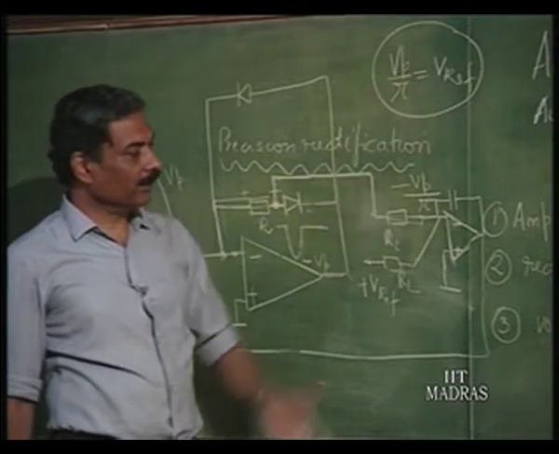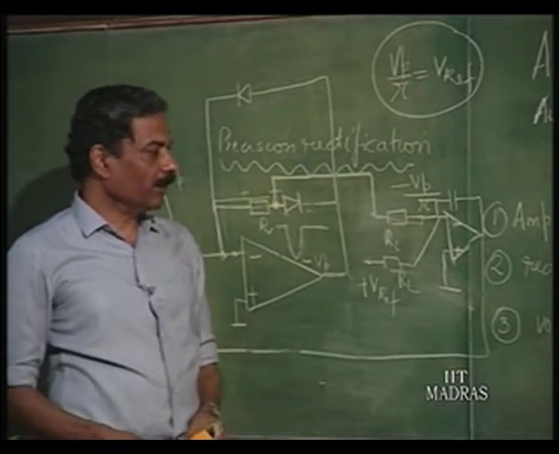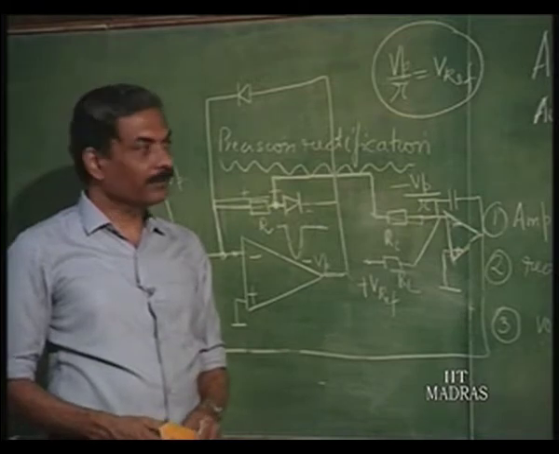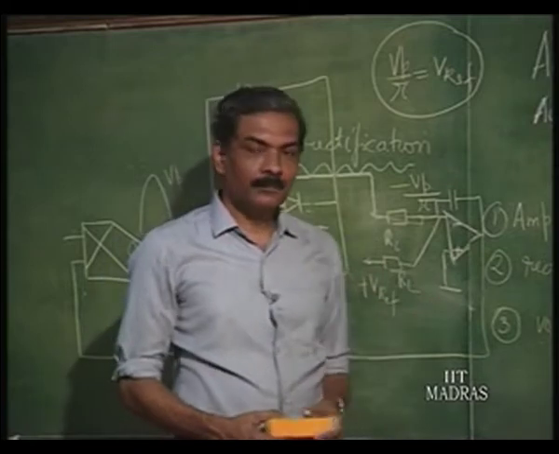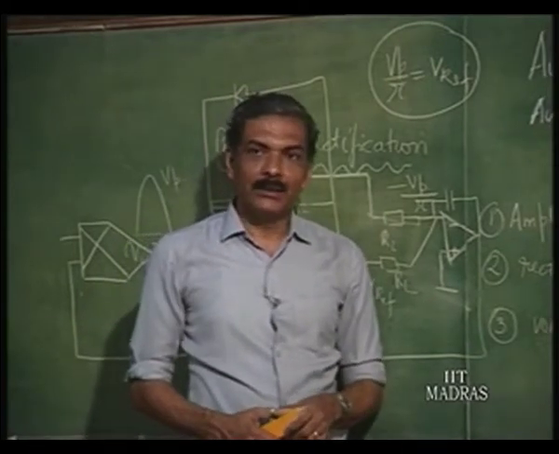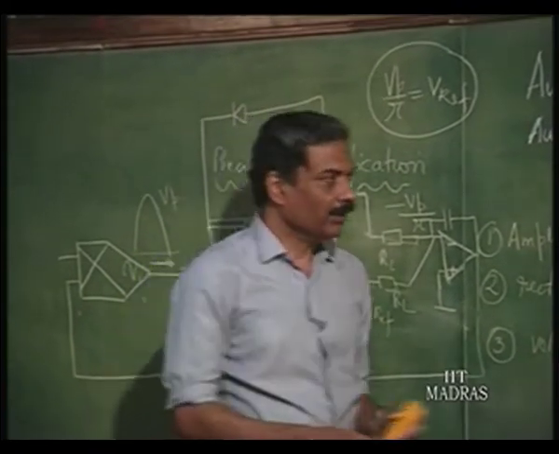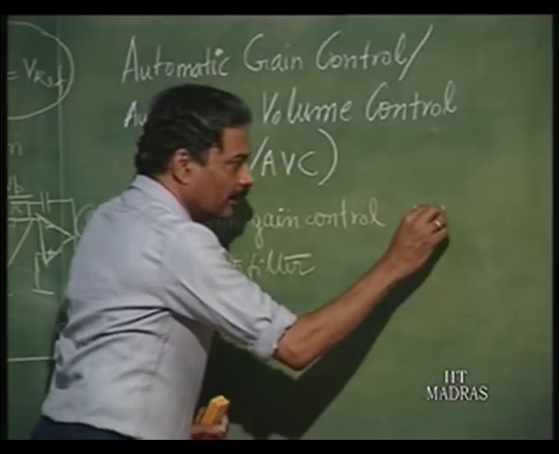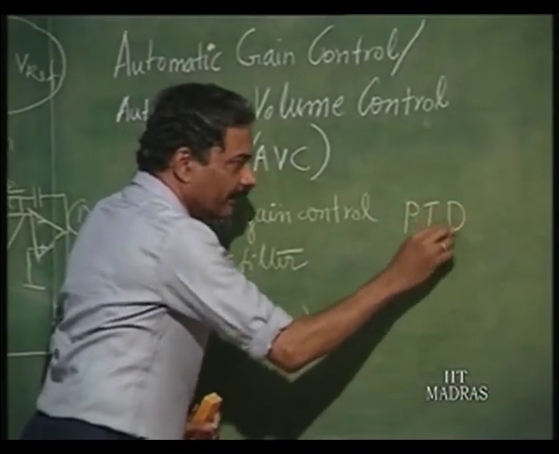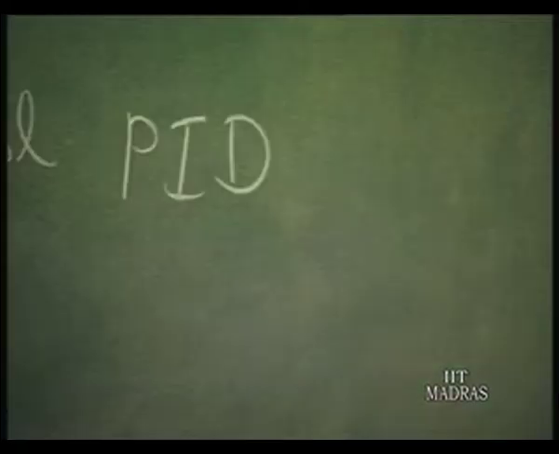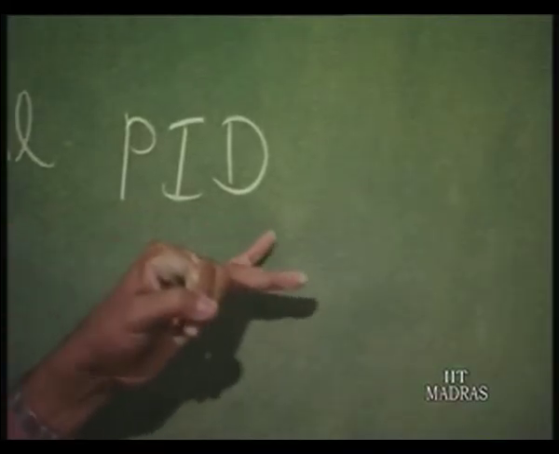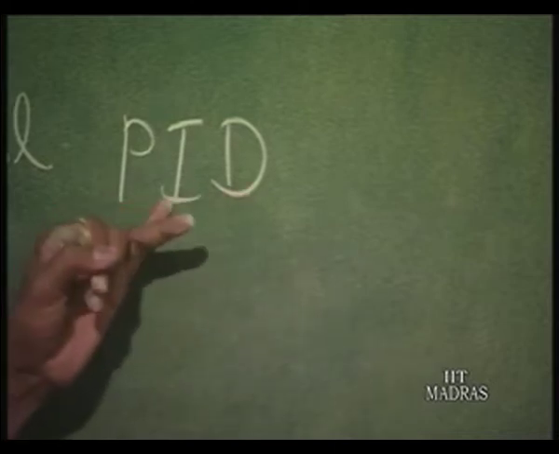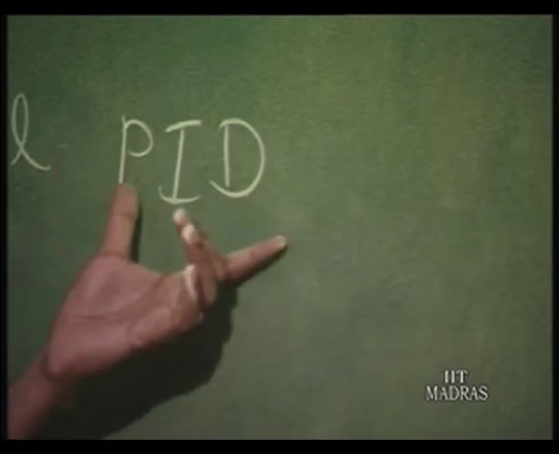So, this control system is very popular in most of the so called proportional integral control systems. It is called proportional integral differential. Instead of an integrator, I use a differentiator, it is called differential, but normally these are all used only for improving the transient response.